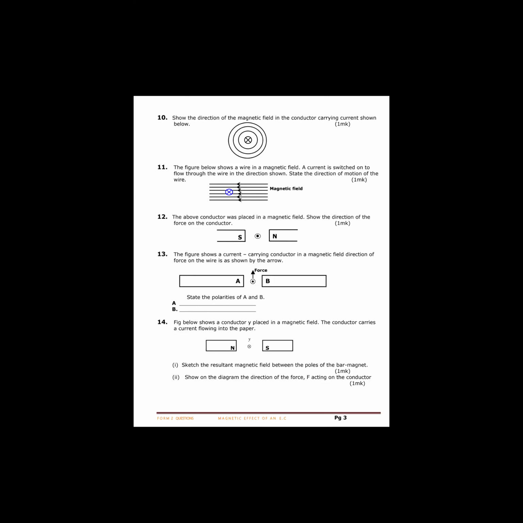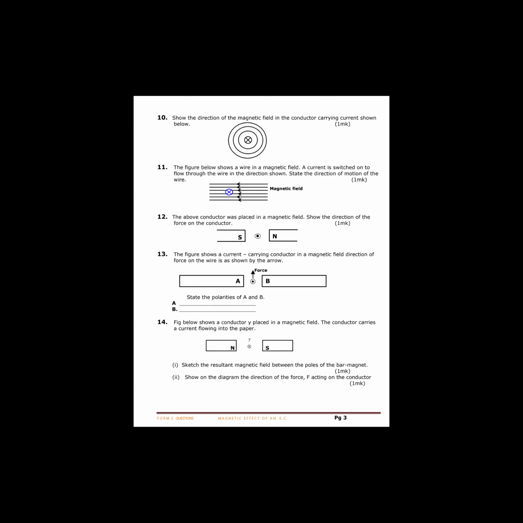Now, as we said before, it seems some of you still don't know the representation of this X and the dot. X shows current down and the dot shows current up.